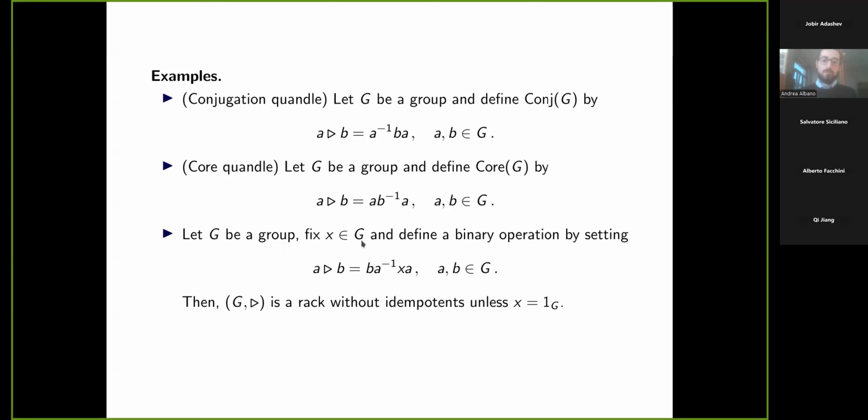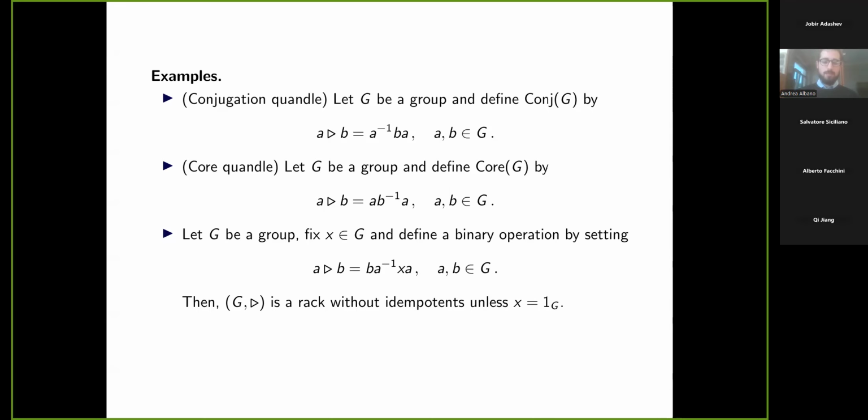The third one, which again is defined on a group G once we fix an element X, is an example of a rack which has no idempotence, unless in some uninteresting cases, unless X, the element which you fix, is central, or is the unit element of the group.